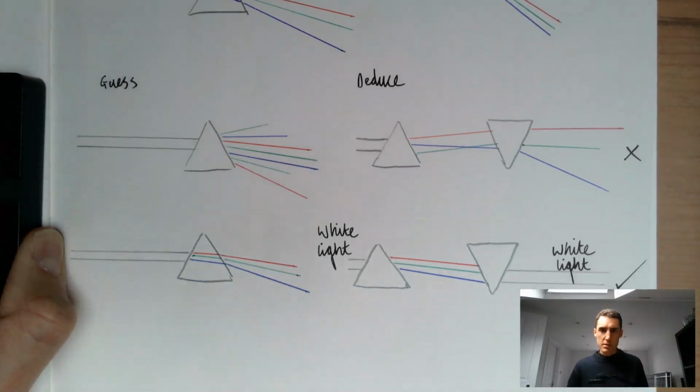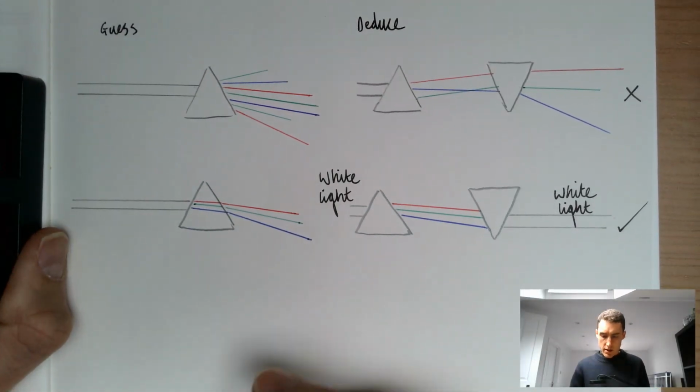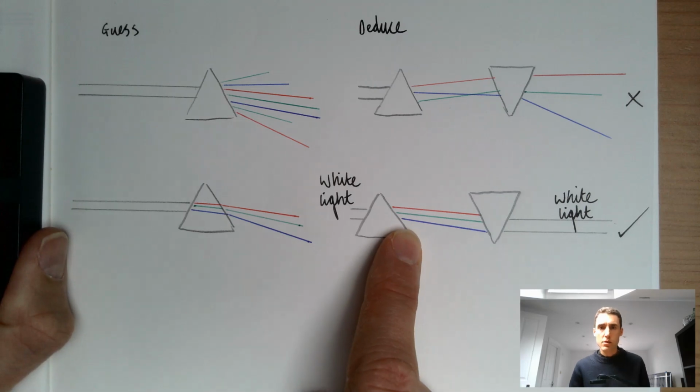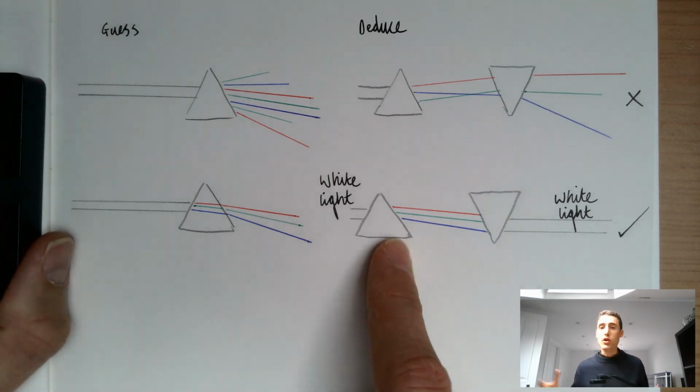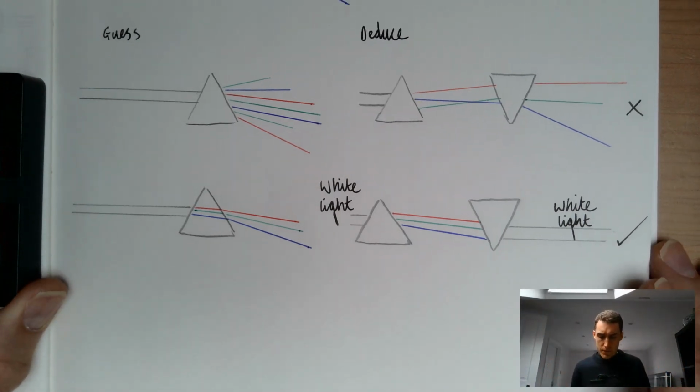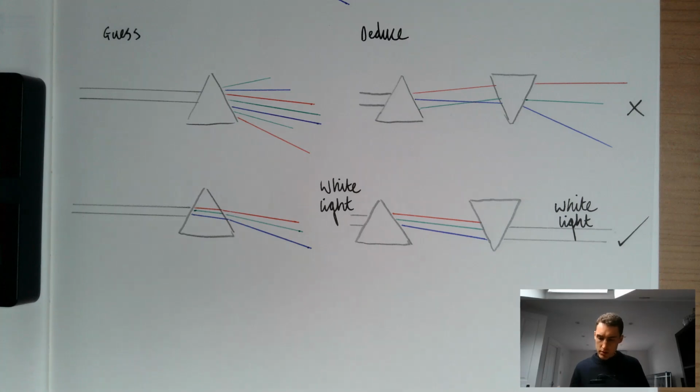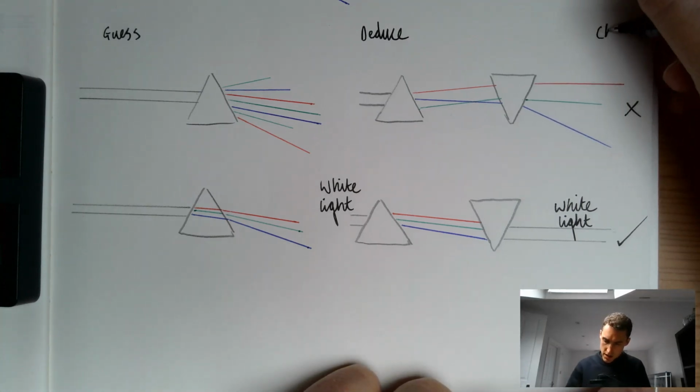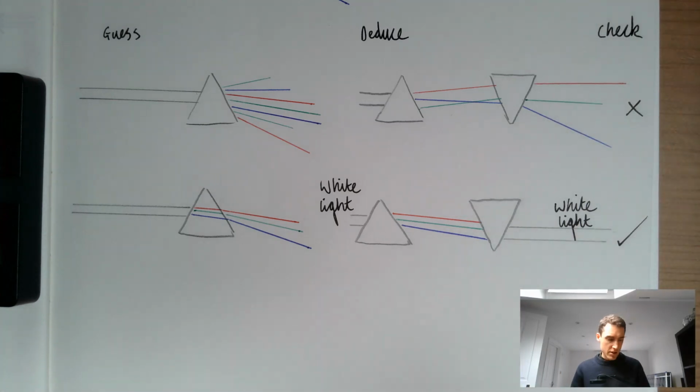And this is what Newton's experiment shows really vividly, that yes, you can split white light apart into its constituent components. You can also then bring those components back together and you will get white light again. And this is a nice example. Sorry, I should have added the final stage of how science develops here, the check.